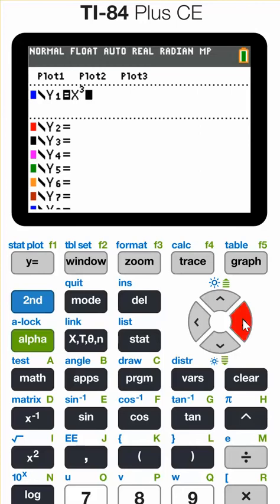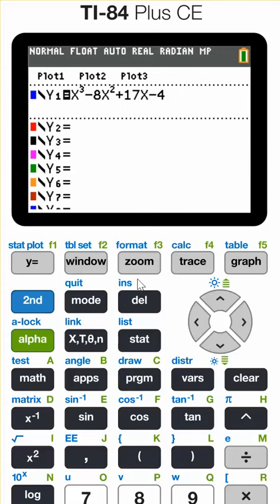You got to arrow over, minus 8x squared. You can use the x squared button here, plus 17x minus 4.